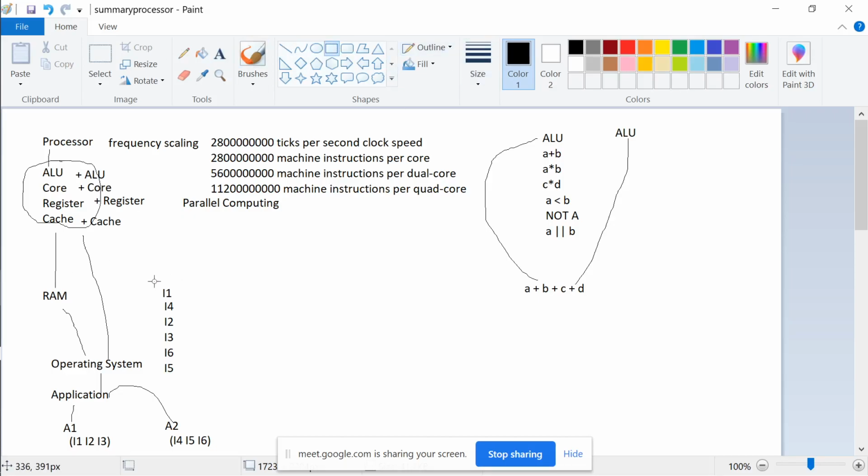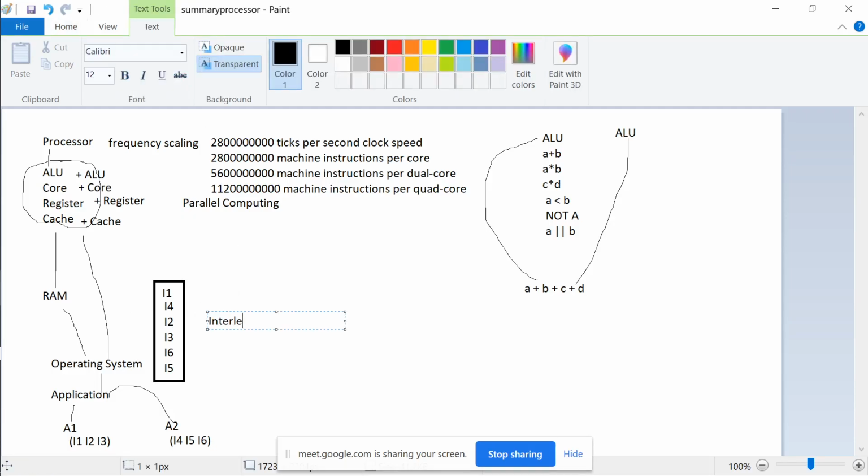So let's draw the queue. Here is this kind of mix in the queue, right? This is called interleaving. Interleaving is mixed up. Interleaving of machine instructions.